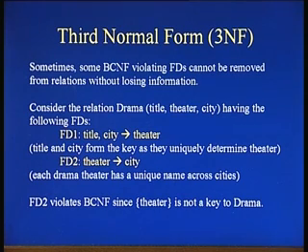So we can identify the following functional dependencies. The first one is title and city. The title of the drama and the city in which it is being played will probably determine the theatre as well. So we can say that this drama played in this city is being played in this theatre only. Suppose there exists a functional dependency of this form.